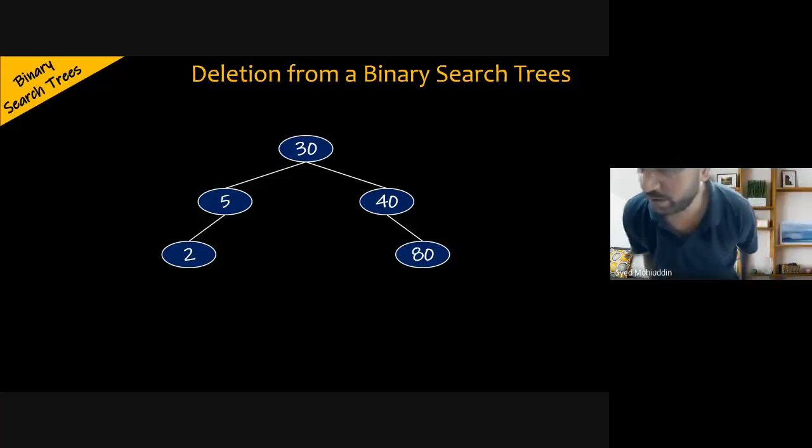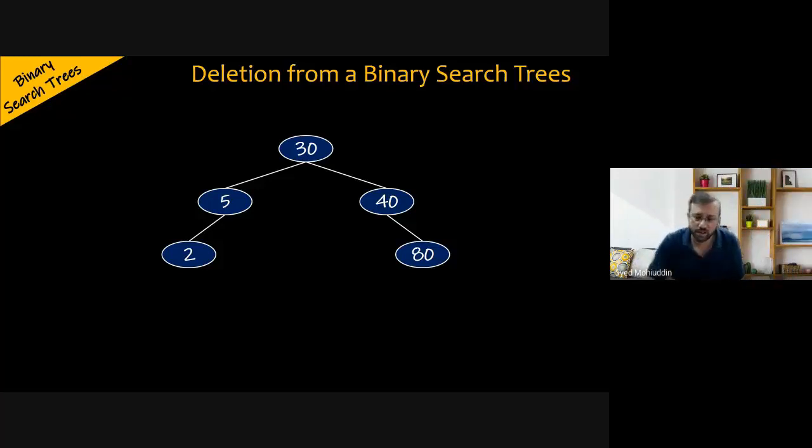When the leaf node is deleted, since there are no children because it's a leaf node, its parent's left or right child will be made null. So for example, if we are trying to delete this node 2, there is no problem because there are no nodes to the left or right. Just make the left child of node 5 null. It's deleted.